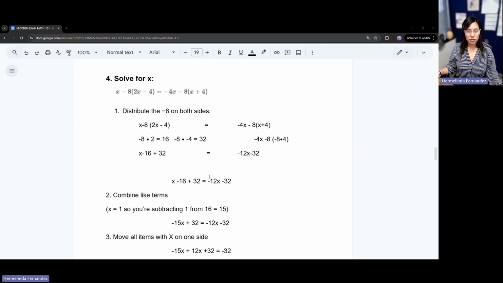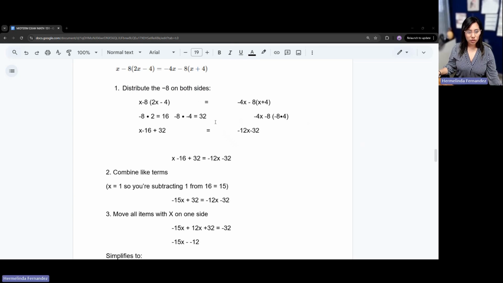Put together, you have negative 16 plus 32 equals negative 12x minus 32. From here, you're combining like terms. Although there's not a 1 present, you still have 1x, an imaginary 1. So you subtract that from the 16 and end up with 15x.